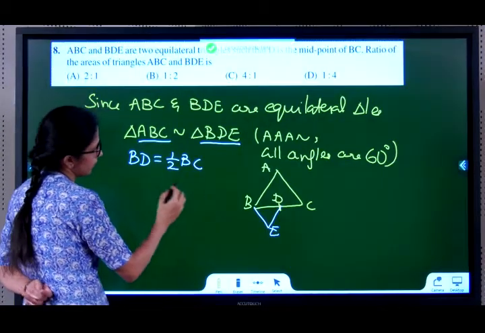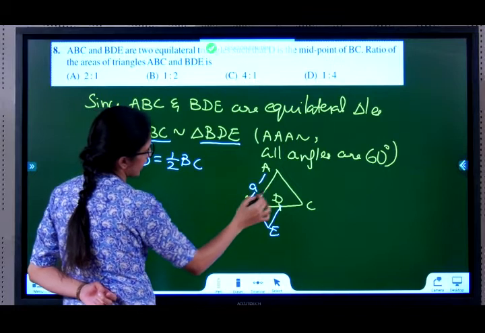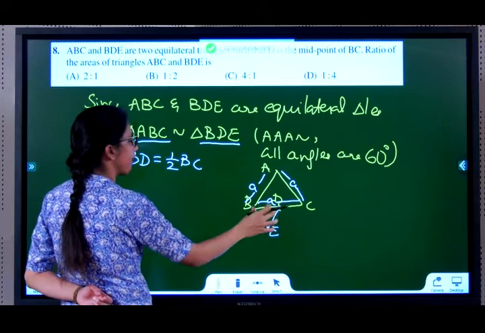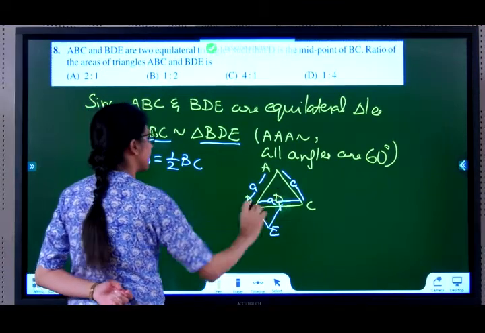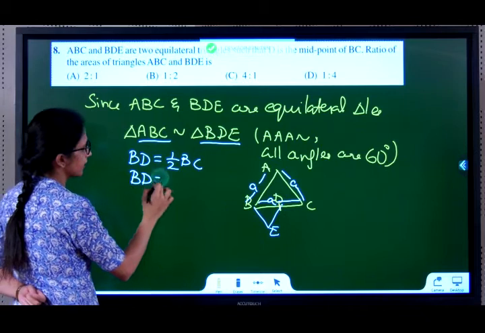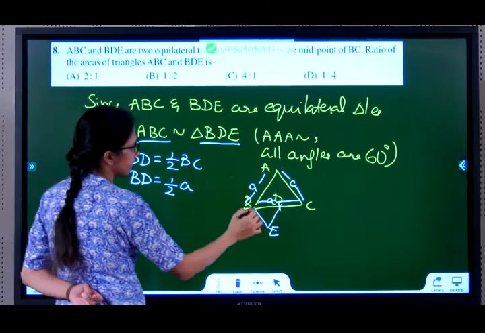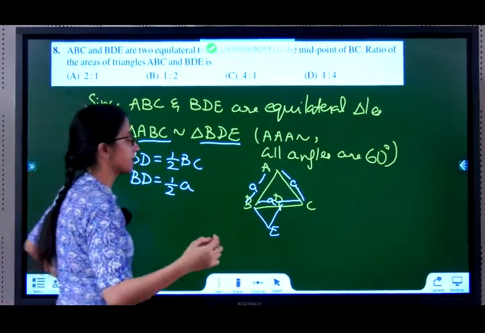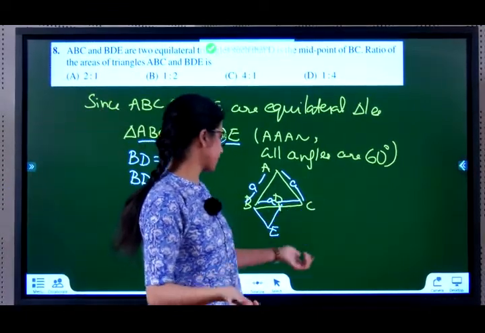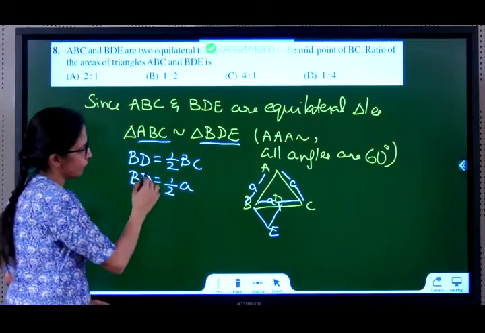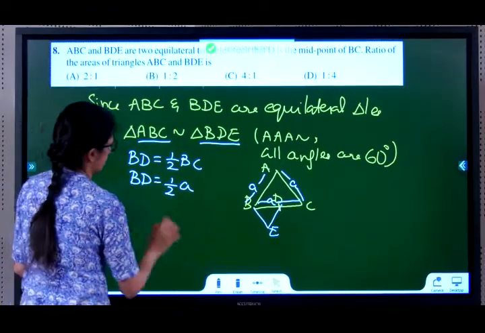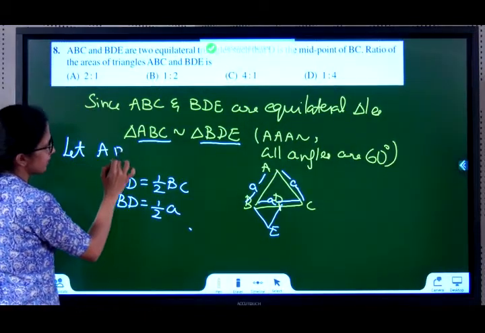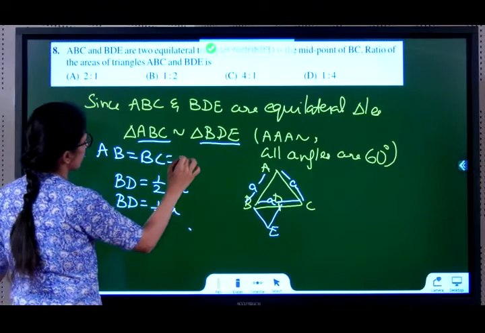So now if each side of ABC is A, what happens to BD? Half A. BE half A. DE half A. So let AB be equal to BC equal to AC equal to A, and therefore BD equals half A.